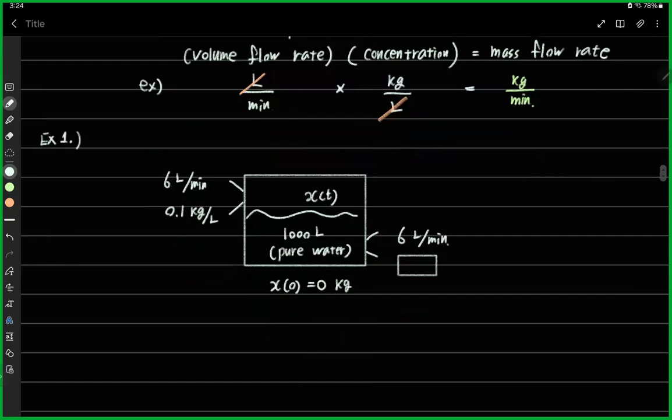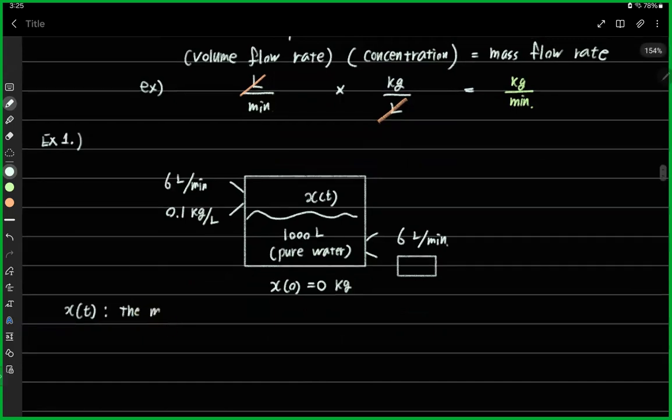We need to find x of t. x of t is the mass of salt in the tank at time t.